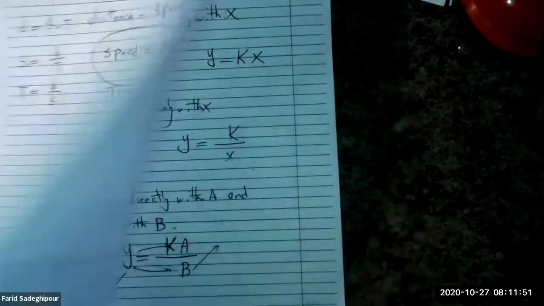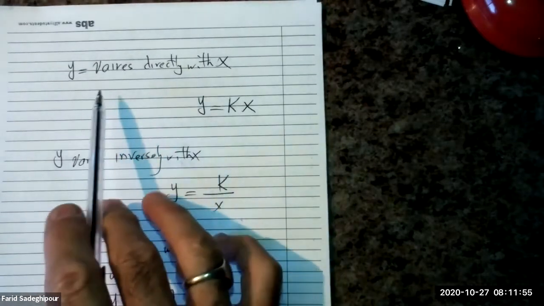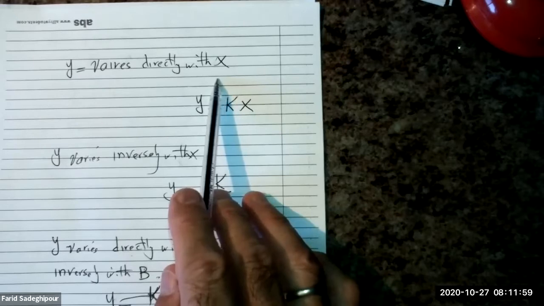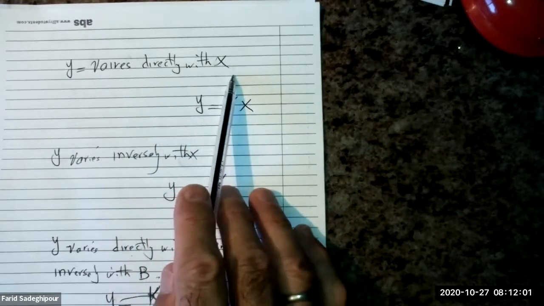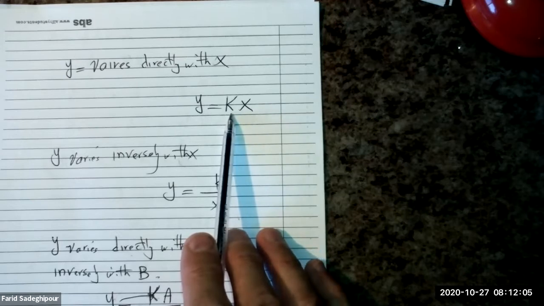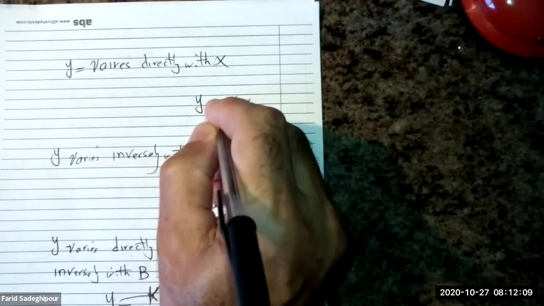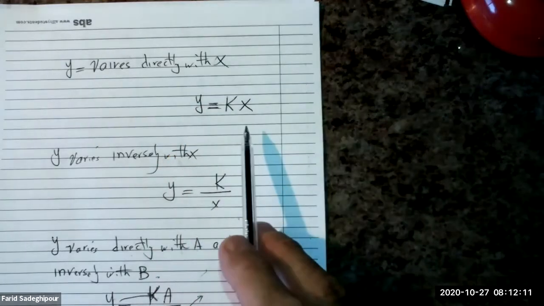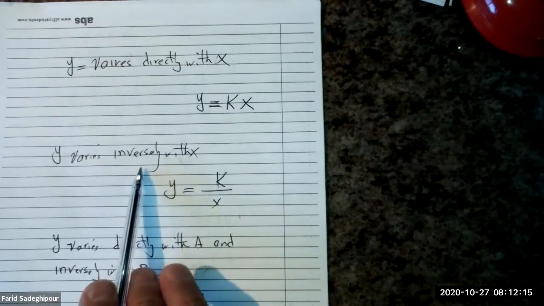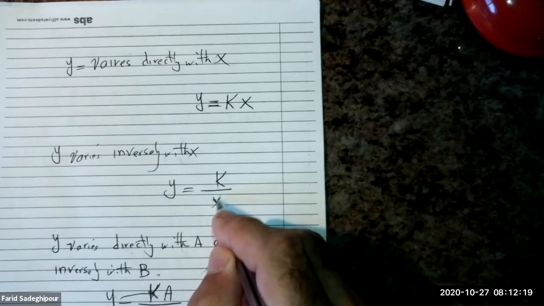Now, when we say y varies directly with x, it means y is equal to k times x. K is the constant that we have to use. Anytime you write a formula, you need to use the constant, and our goal is to find that constant. If we say y varies inversely with x, in that case x has to be at the denominator.